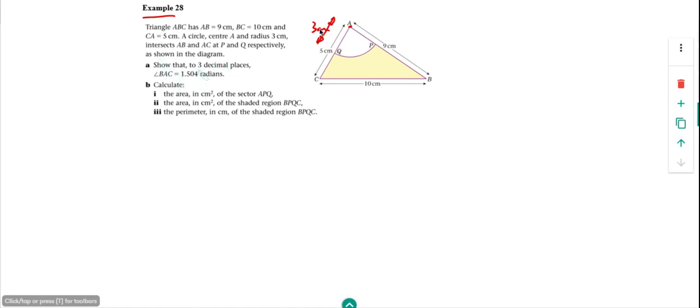So first of all, we've got to show that angle BAC, which means the angle here at A, with A being the centre letter, is 1.504 radians, I should say. For that, we're going to use the cosine rule, because we can see we've got 3 sides and we're looking for this angle here.